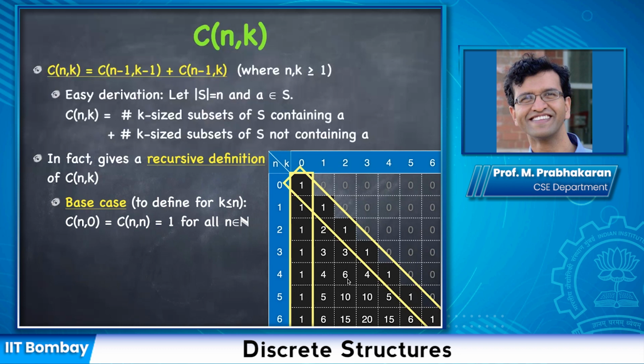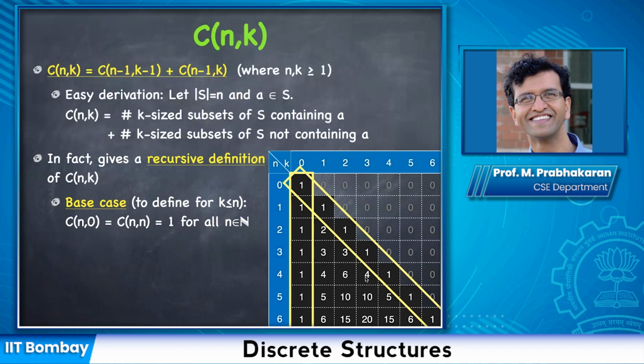So you look at the cell right above it, and the cell above and to the left of it, and whatever values there are, you sum them up, you will get the value here. This is also called Pascal's triangle sometimes. So that's just an illustration of this formula here. And the important thing is that once you fix these base cases, you could start with an empty table and start filling in values in each of these cells.